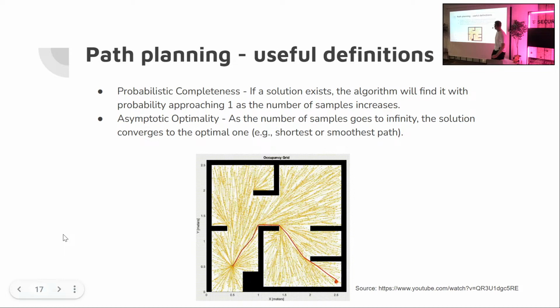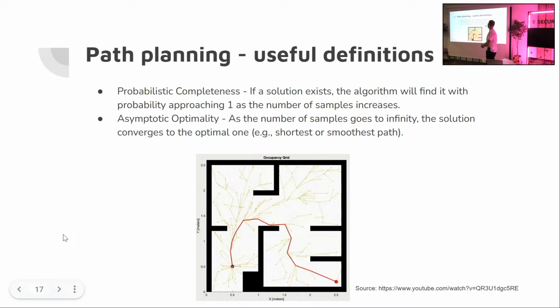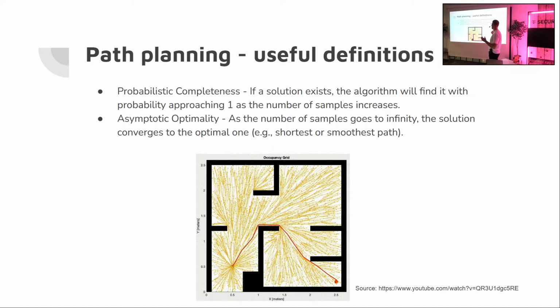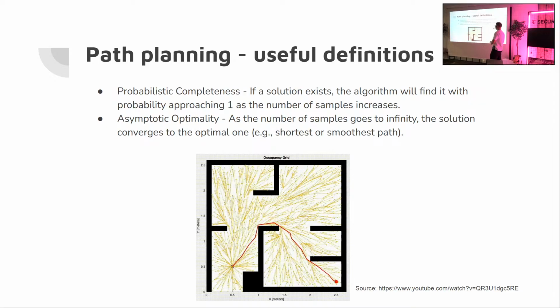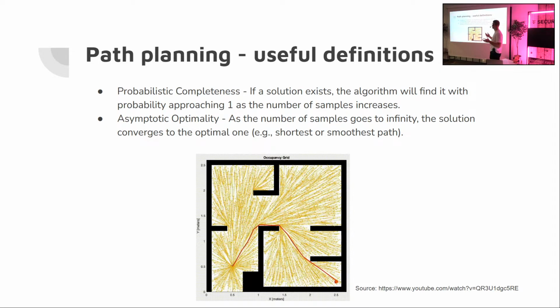Okay, so some useful definitions in motion planning. So probabilistic completeness: the probability of finding a path goes to one as the number of samples increases. So we put more points into our space, and the chance of finding a path increases.